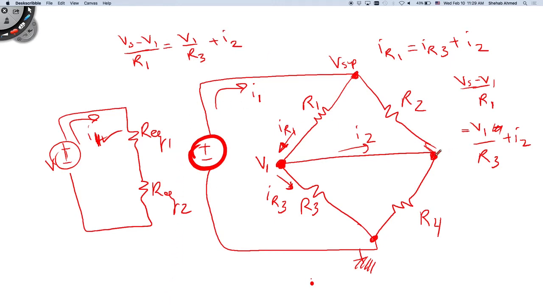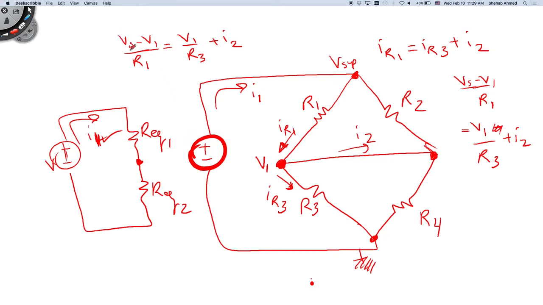And then they did KCL here as well. You know the voltage at V1, right? If you want to do the numbers, you can.